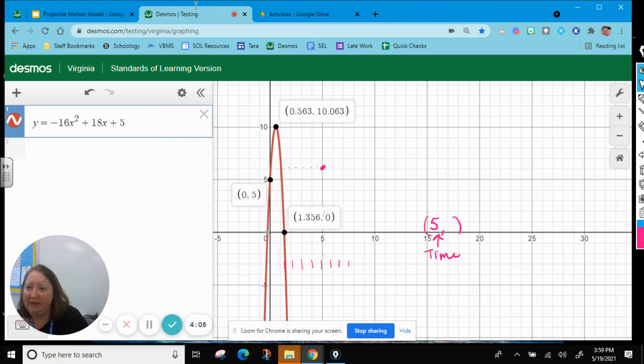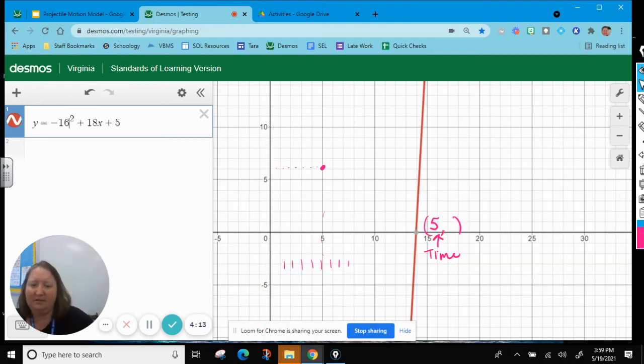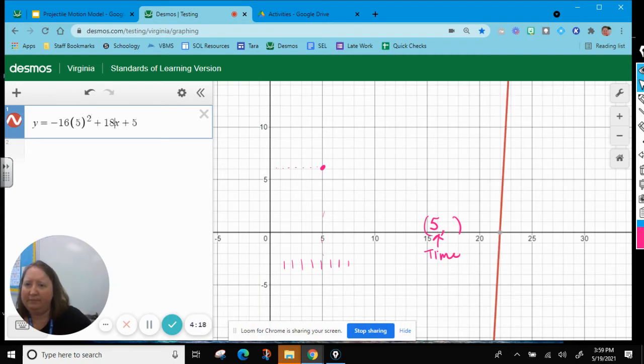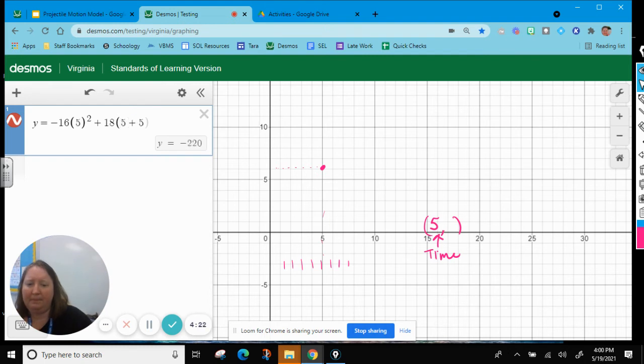Or you could type into this equation, when the x value is 5, so you could replace the x's with 5. And then what is the y? Oh, negative 305. So that is how that works.